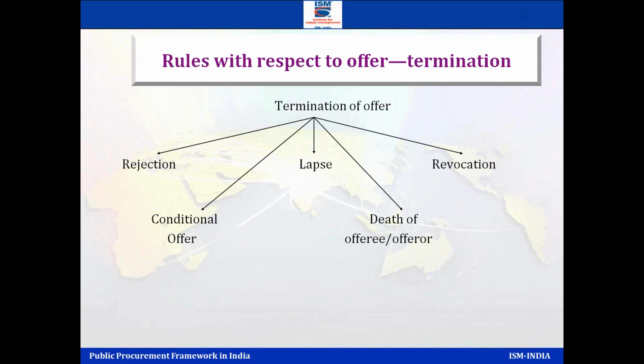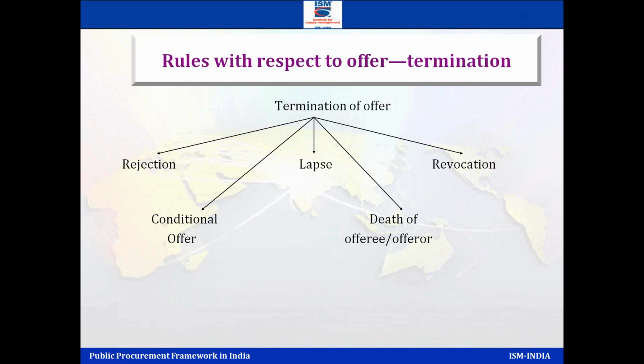One is you reject, you make a conditional offer, and then second is a lapse. You made an offer and you told them, guys, I want acceptance within one day, within 24 hours. If no approval comes back, it lapses. Death we talk about. You could revoke it, guys. I'm trying to revoke it for many reasons.